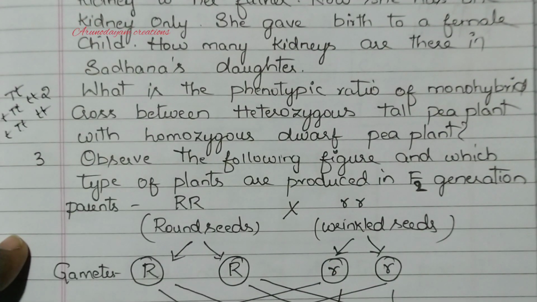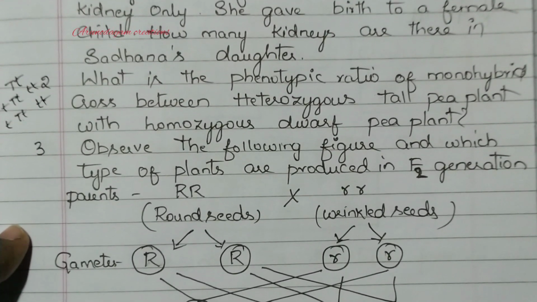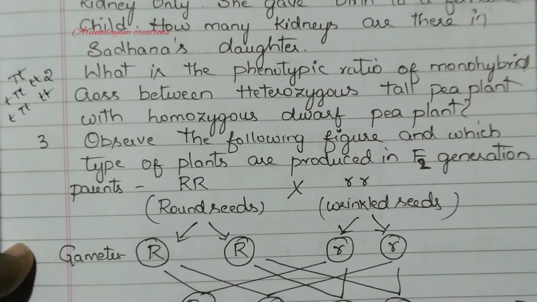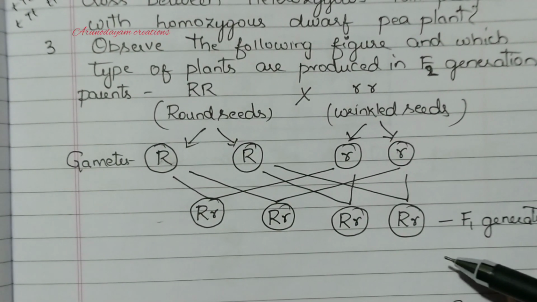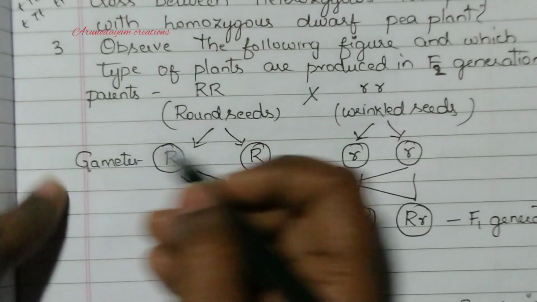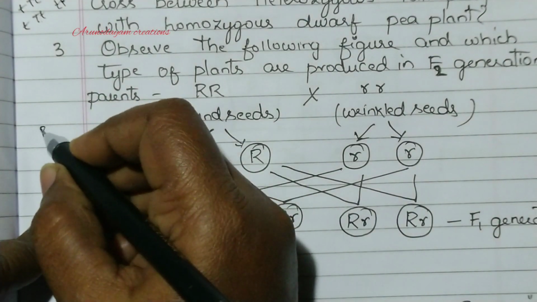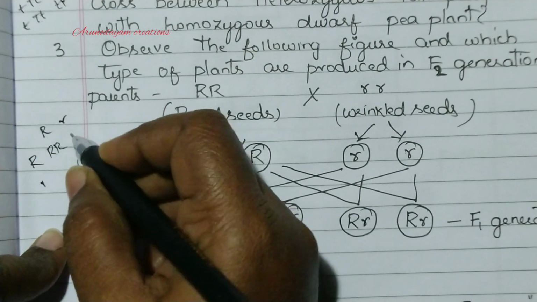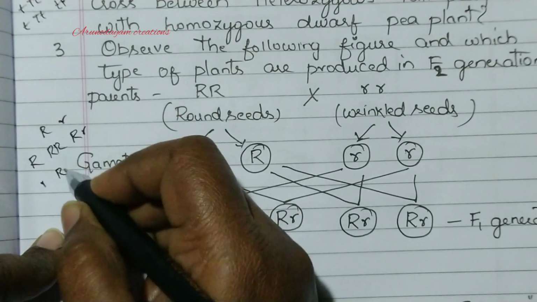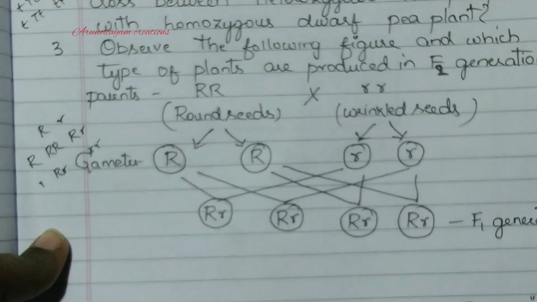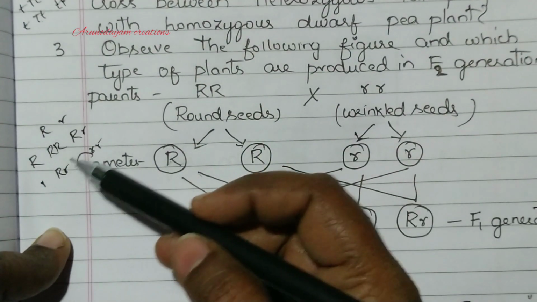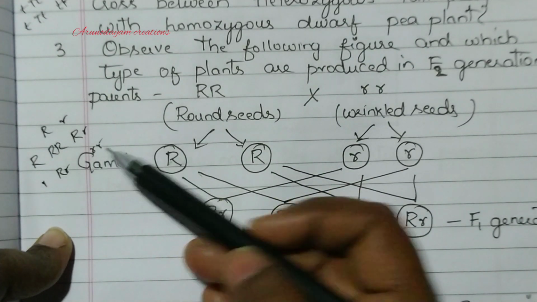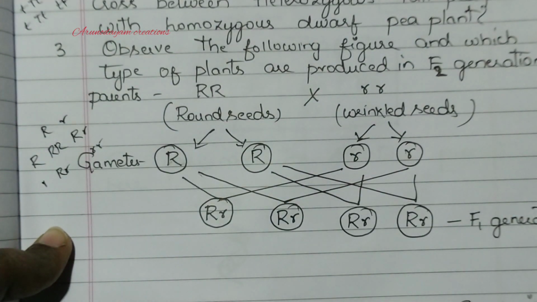Okay, next, observe the figure and tell me F2 generation plants. So in F1 generation we got a heterozygous round seeds producing plant. On self pollination, capital R small r, on self pollination we will get three round seeds producing plants and 1 wrinkled seeds producing plant.